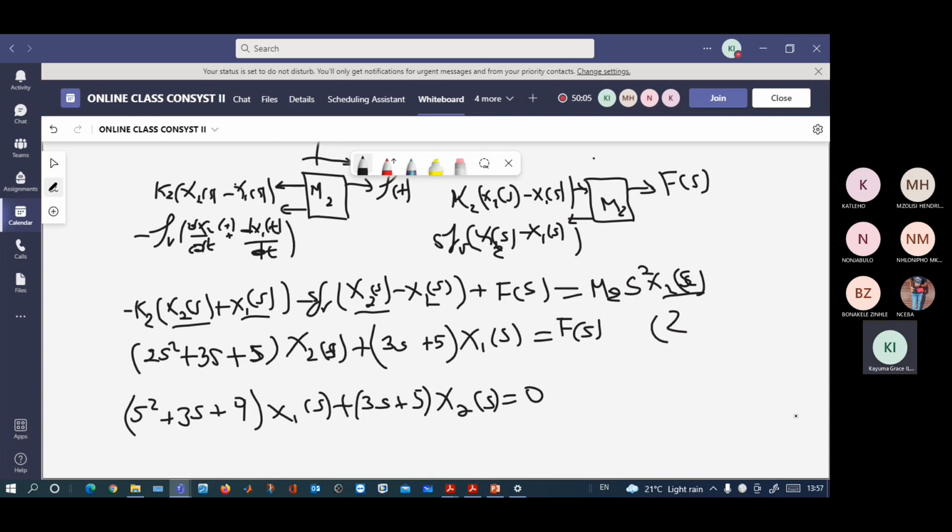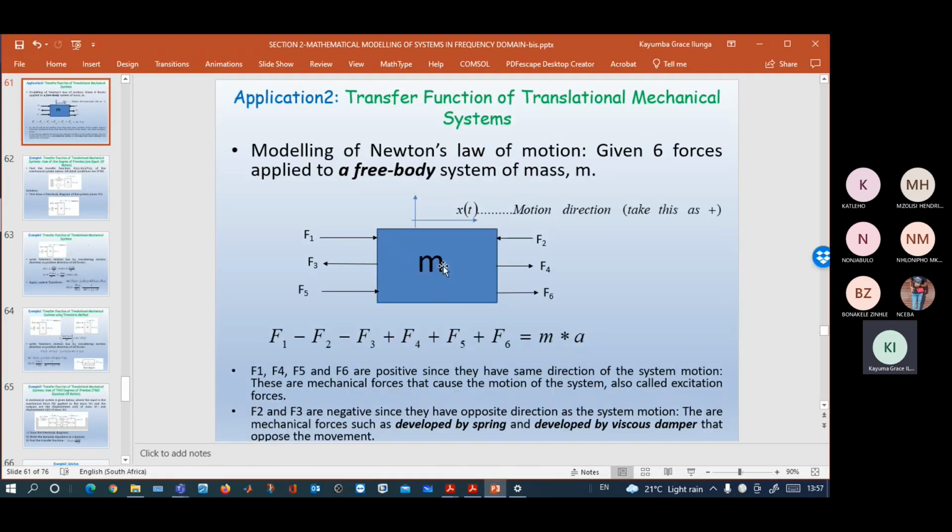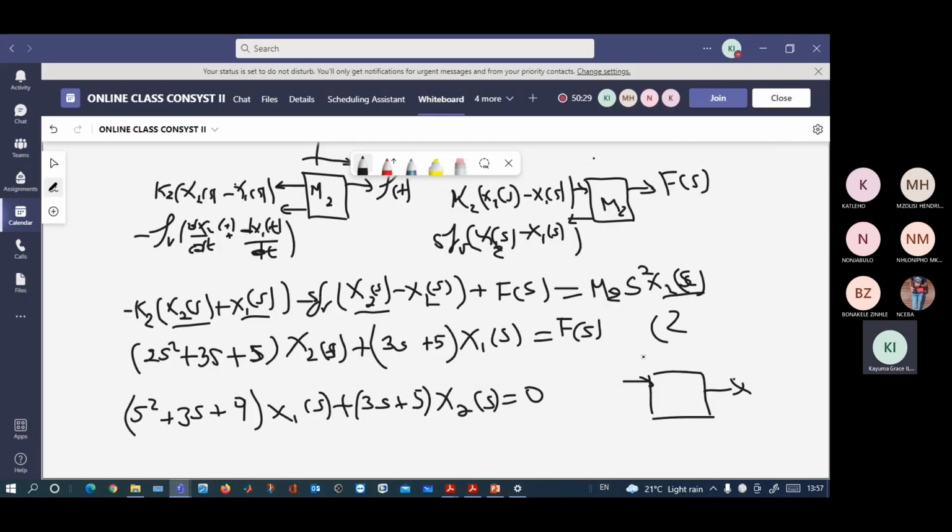So what is happening here is this one. We have this free body, you can call it the mass, like that. This is F, and this is the force for the spring. Because of this situation here, we have these two forces. Give me a minute.